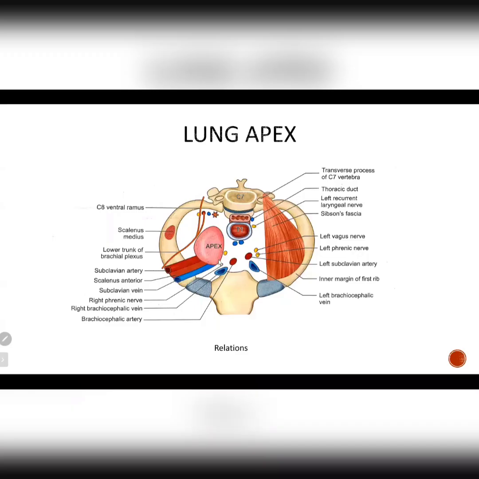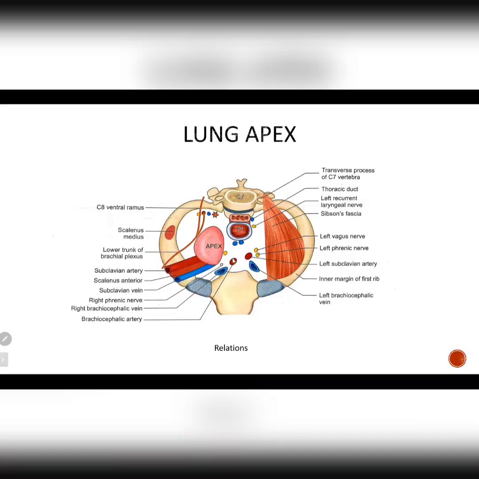So I'll just list it for you now. You can revise it later. For the right lung, anteriorly, there is the right brachiocephalic vein, the right phrenic nerve, and the brachiocephalic trunk.